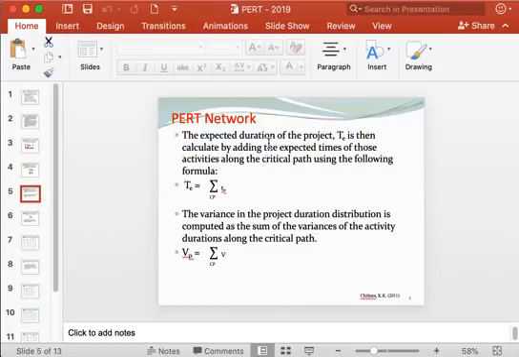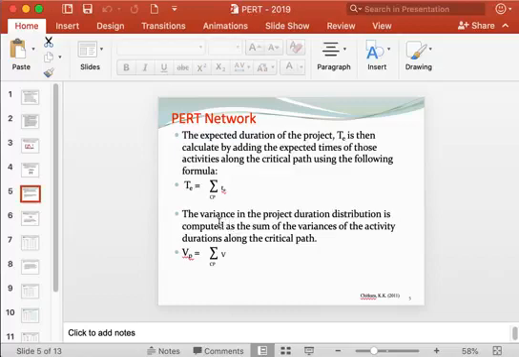Then the expected duration of the project, which is denoted by capital TE, is calculated by adding the expected times of those activities lying on the critical path, using the formula capital TE, the expected project duration, equals sigma CP small t e.